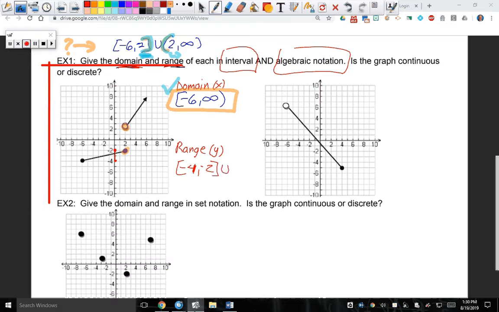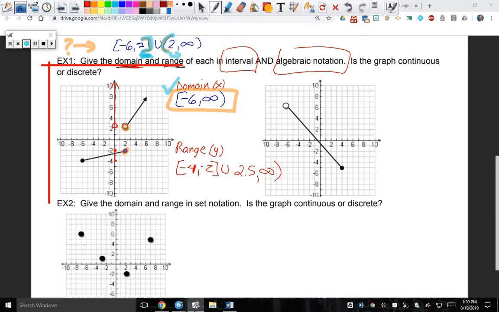So it'll be union what? When does the range start to exist again? At 2. Well, let's do 2.5. And 2.5 all the way to what? From here all the way up to infinity. We know we'll never touch infinity, so that needs to be parentheses. How about at 2.5? Would it be a bracket or parentheses?